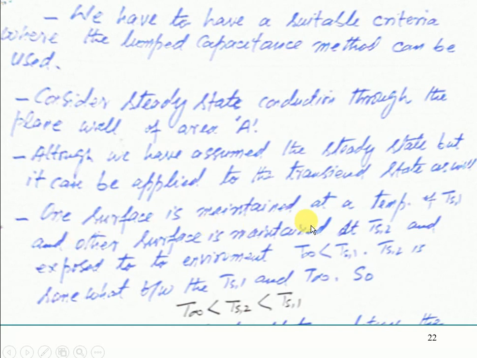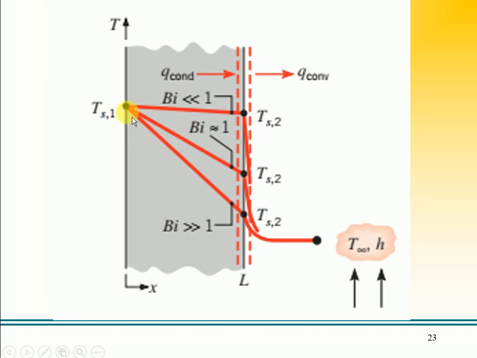So one surface is maintained at temperature Ts1, the other is maintained at temperature Ts2, right? Ts1 is a higher temperature. We can say that Ts1 is greater than Ts2, and Ts2 is greater than the environmental temperature T infinity.